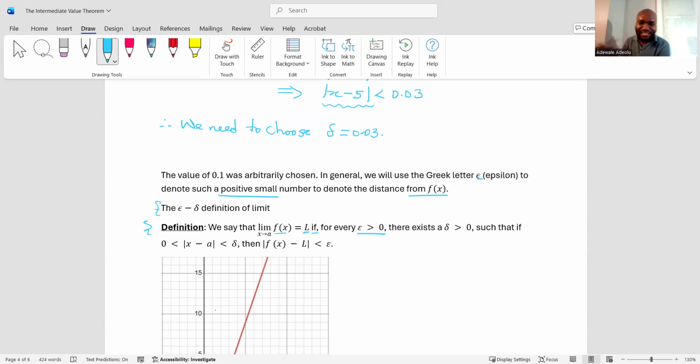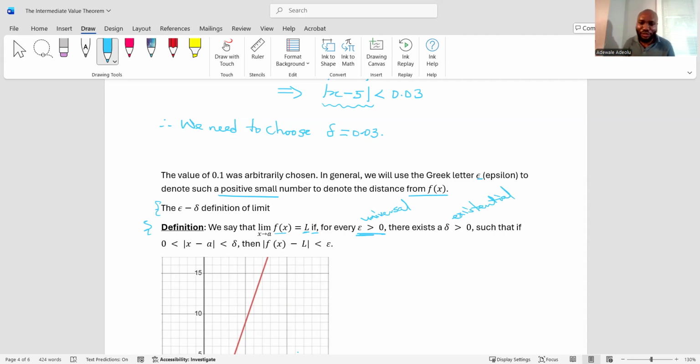We want to find that delta. In fact, we can call this universal, and we can call this existential, something we need to look for. It has to exist, right?